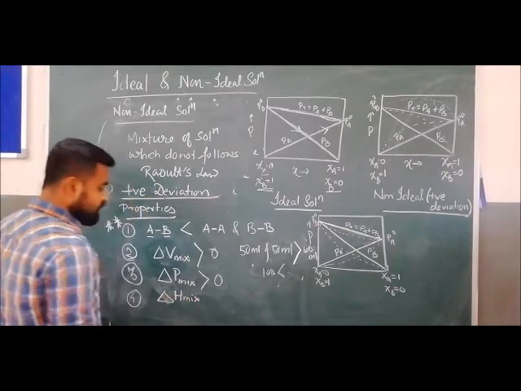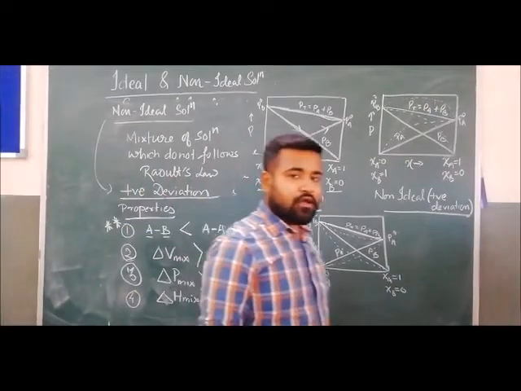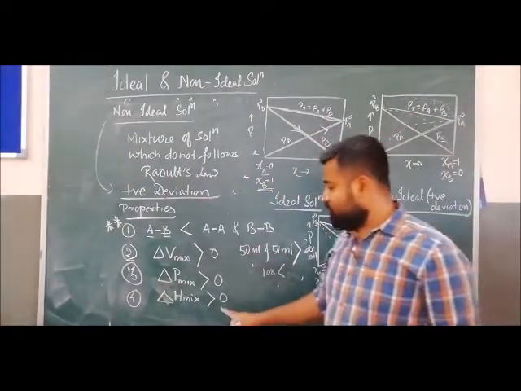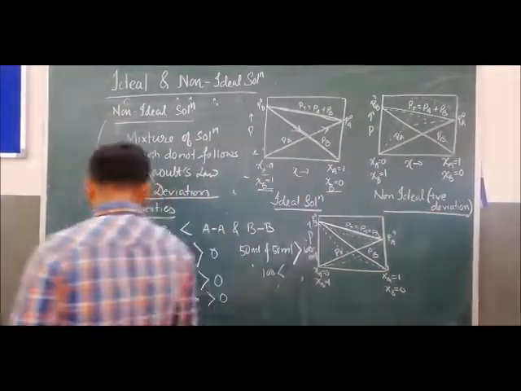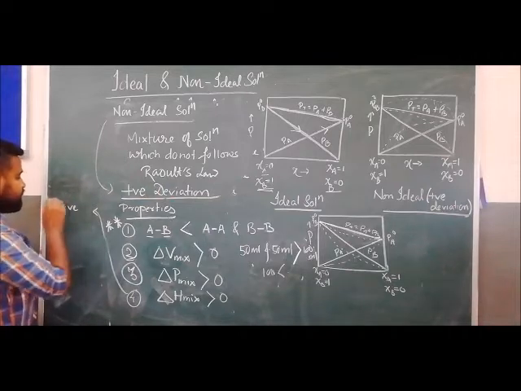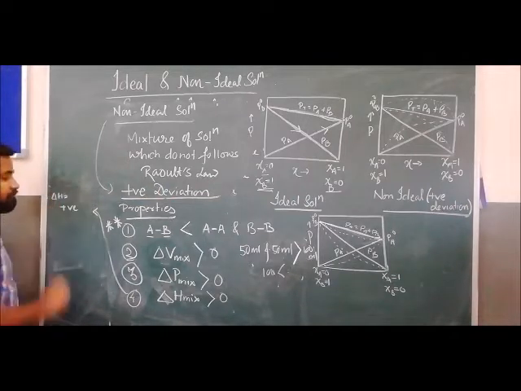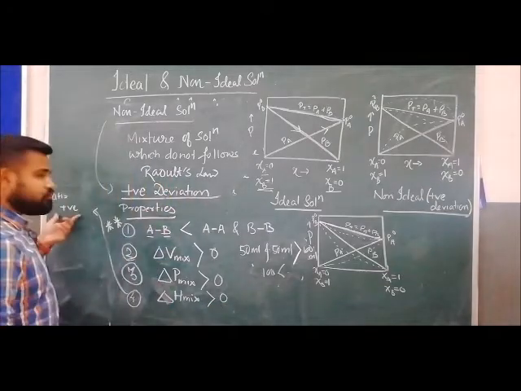Next, fourth, delta H mixing is also greater than 0, meaning it has a positive value. If delta H mixing is greater than 0, delta H is positive.